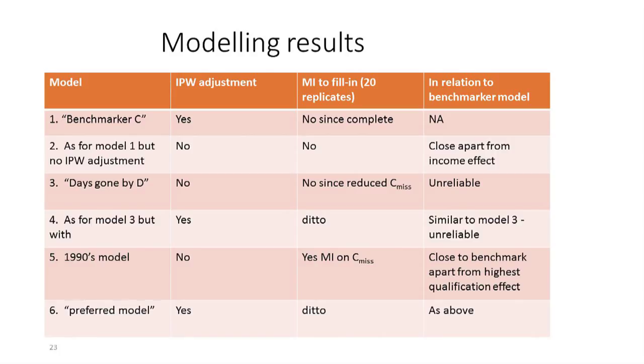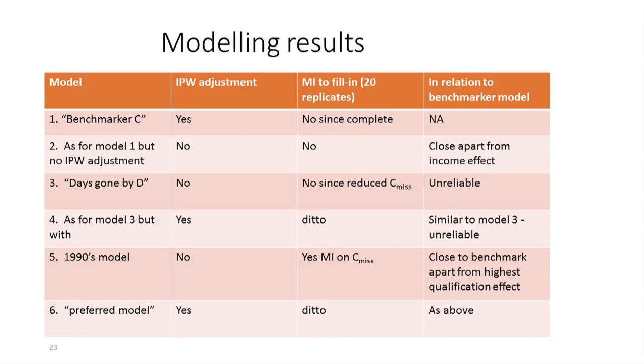model 2, not using the weights, didn't have much impact. Well, that's not a surprise, is it? Because the regression models for the birth characteristics have very little explanatory power of non-response. Case-wise deletion, not reliable. With weights, no more reliable.